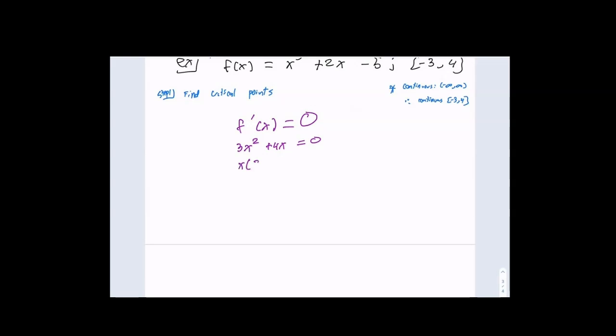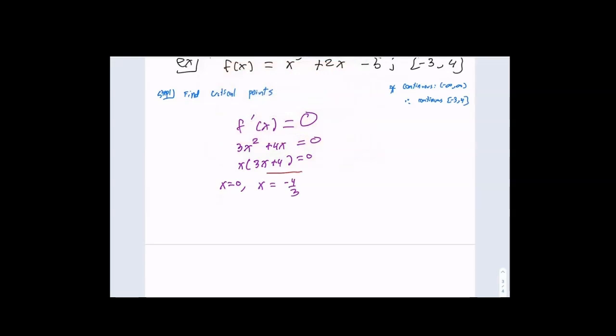Yeah, we factor out an x. So x times (3x plus 4) equals 0. This gives me x equals 0 and x equals -4/3.